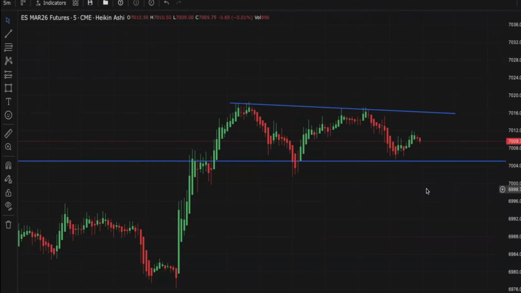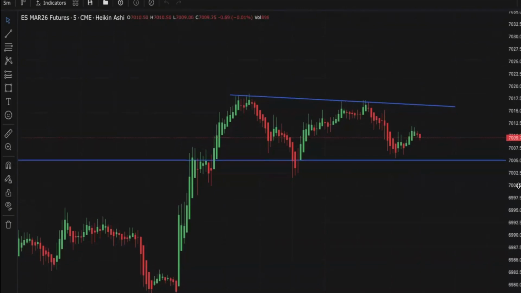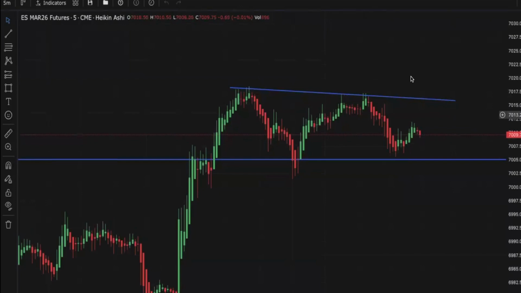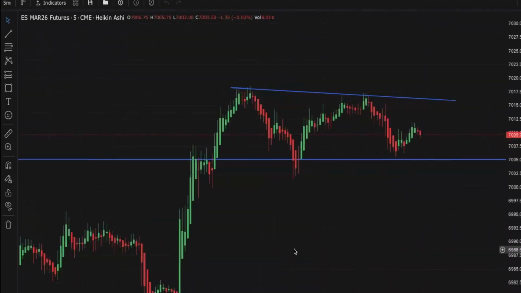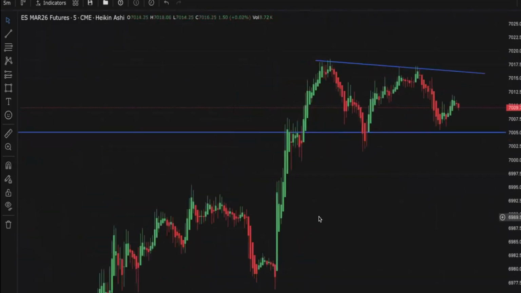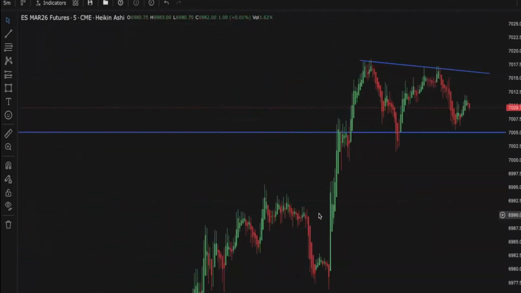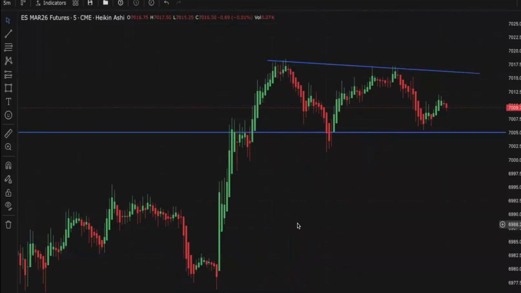Sometimes based on the move, it may not give you three clear tests. Usually it's one, two, three, and then the fourth one just gives up and goes all the way to the bottom. But as you probably know, markets sometimes behave strangely, so you don't really control the movement.